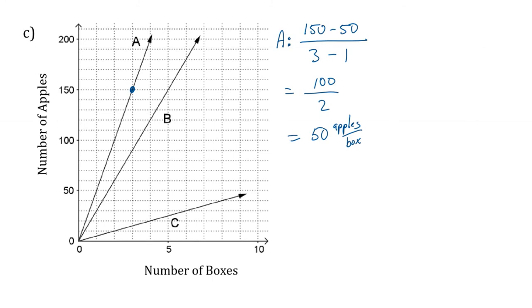What about B? Okay, follow along and find whatever point you want. How about this one? That looks like 50, 60, 70, 80, 90. And that looks like 1, 2, 3, which is 30 apples per box.